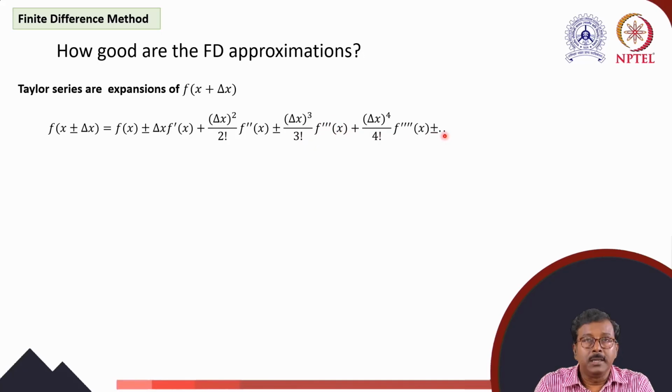In this way it goes on. And the minus side also, that is f of x minus delta x, will have negative signs for the odd factorial terms, the 3 factorial and the 5 factorial. Anyway, in the same expression, we have shown how x plus delta x or x minus delta x can be expanded by using a Taylor series expansion.